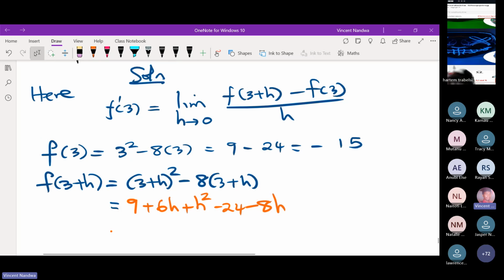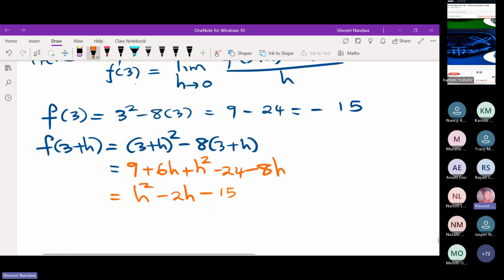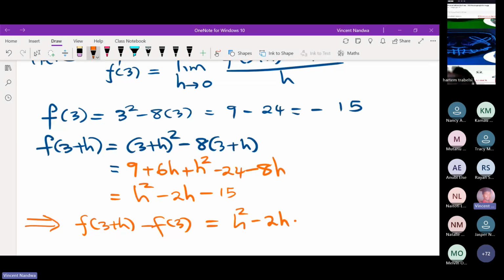So when we simplify, we get h squared minus 2h, and then 9 minus 24, minus 15. Correct. So this implies that f of 3 plus h minus f of 3 will be h squared minus 2h minus 15 minus 15, because this is the value of f of 3.